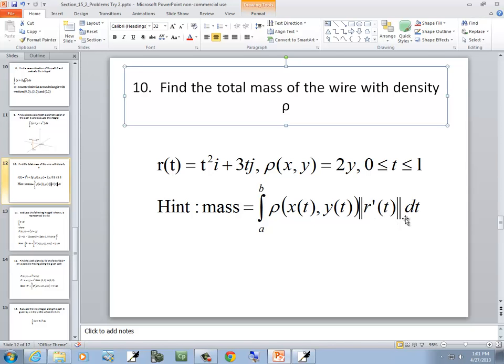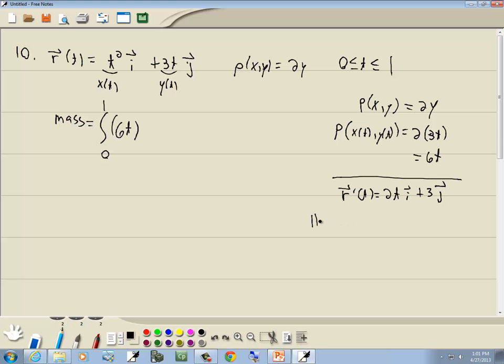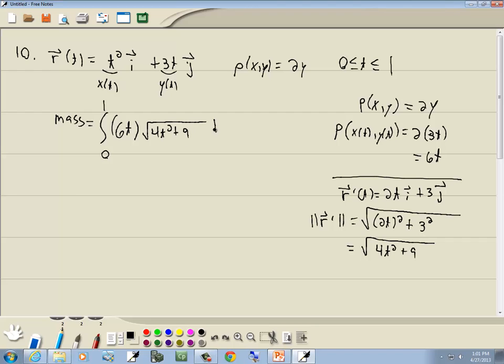Now this is the magnitude. So the magnitude of that is going to equal the square root of (2t) squared plus 3 squared, which is going to give us 4t squared plus 9. So we'll put that here. Square root of 4t squared plus 9 dt.